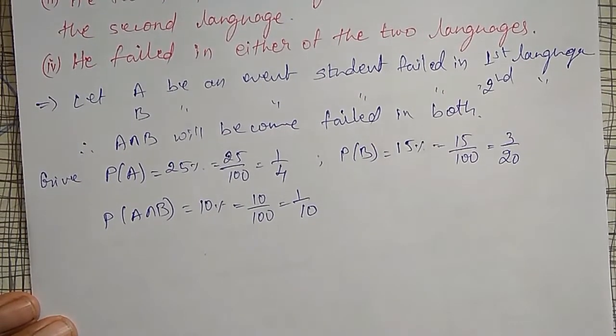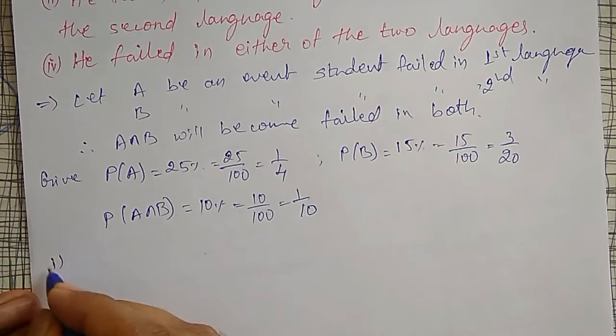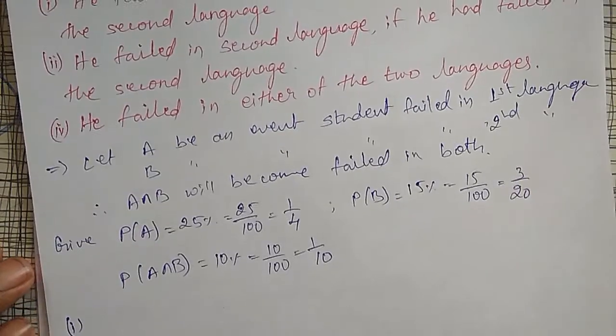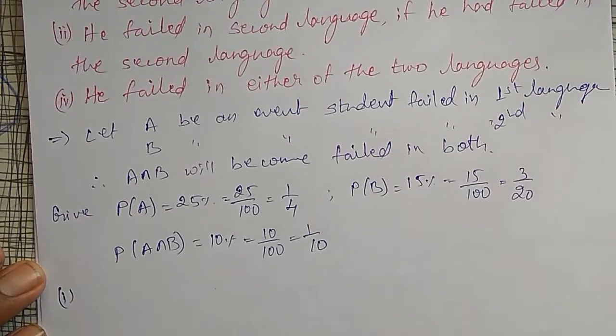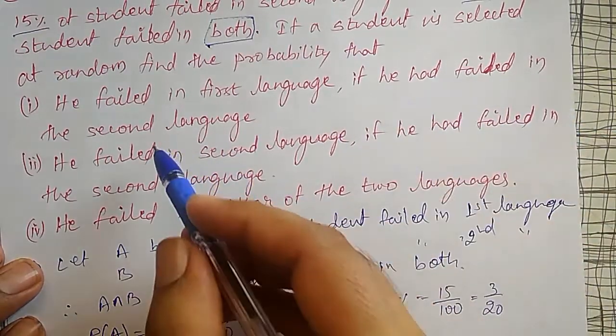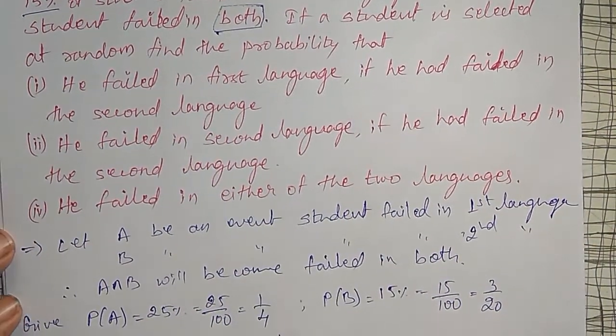Next, one by one I will calculate here. First one, what I have to calculate here? He failed in first language, given that he had already failed in second language. That means it is conditional probability.